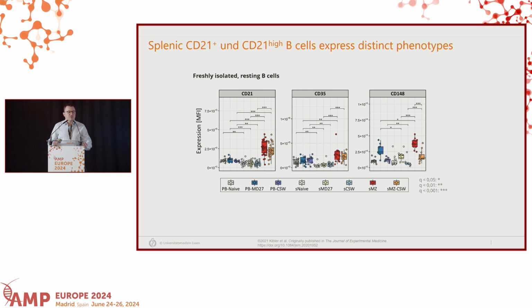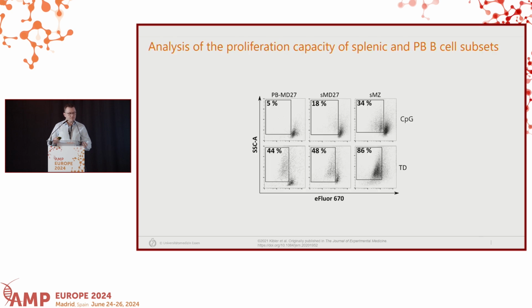This molecule is similar to CD45 and mediates quiescence of these cells. So basically what we saw here is that marginal zone B cells differ phenotypically. Next, we investigated the functional differences of these cells.